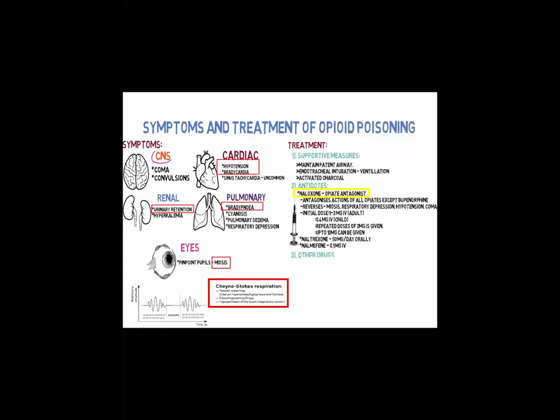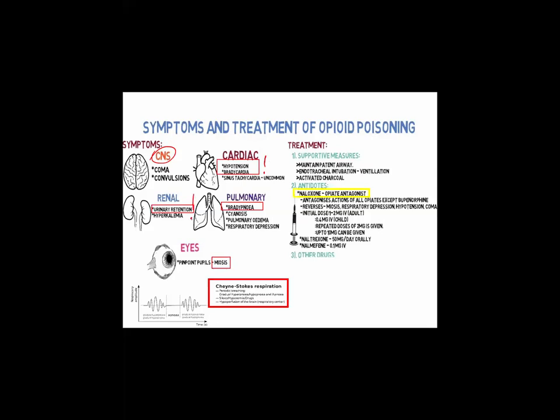From the CNS, patients may be unconscious, in coma, and convulsions may occur as well. From the cardiovascular system, we have hypertension and bradycardia. From the renal, urinary system, we have urinary retention.